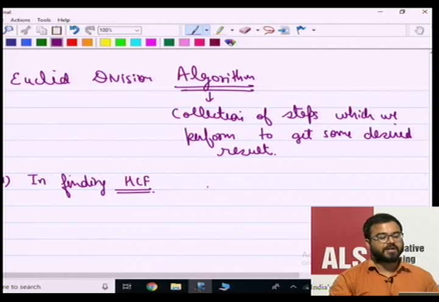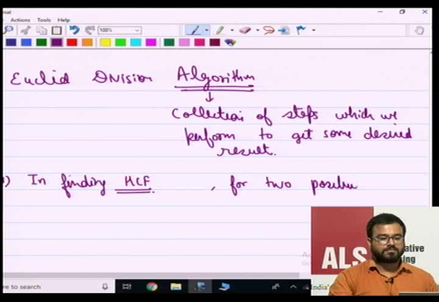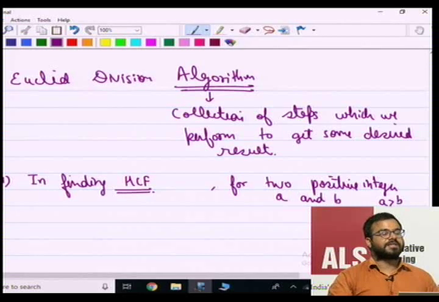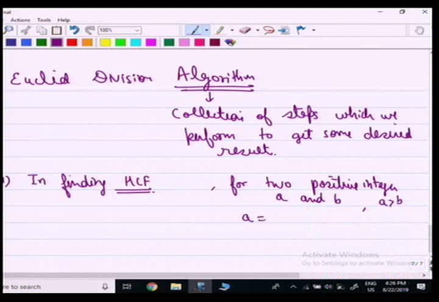It says for any two positive integers A and B, where A is greater than B, A is equal to BQ plus R. That is the Euclid division lemma.